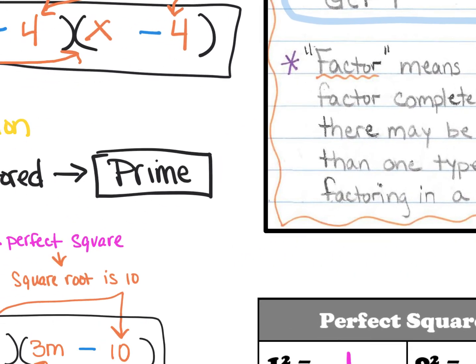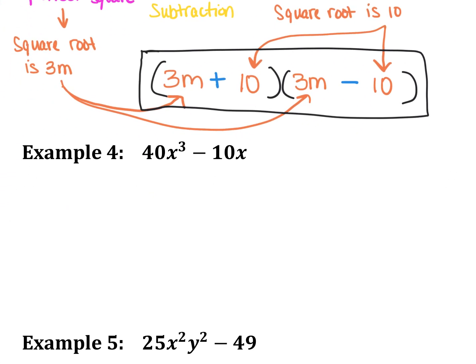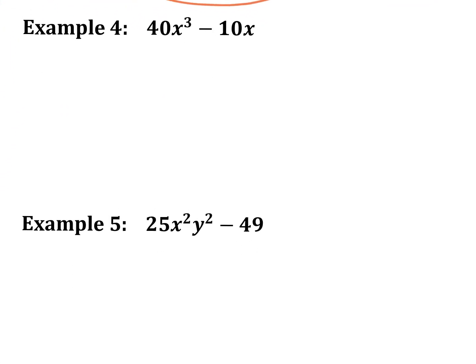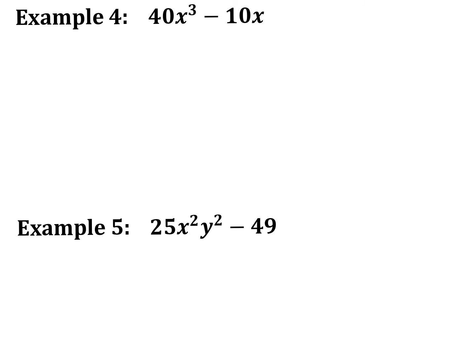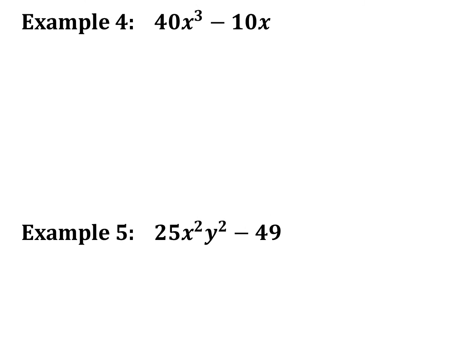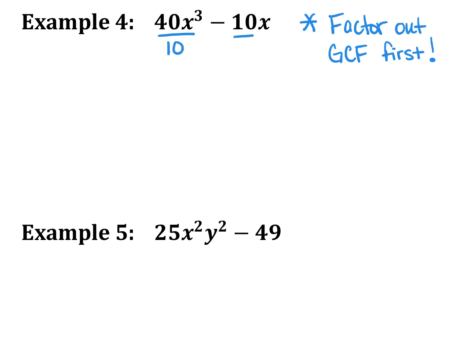So let me go back to our fourth example here, bring that up on the page. And I'm going to challenge you, before you look for the difference of squares, is there a GCF? Do we have something in common here? So in this case, I notice that each term can be divided by a 10, and not just a 10, but actually a 10x.